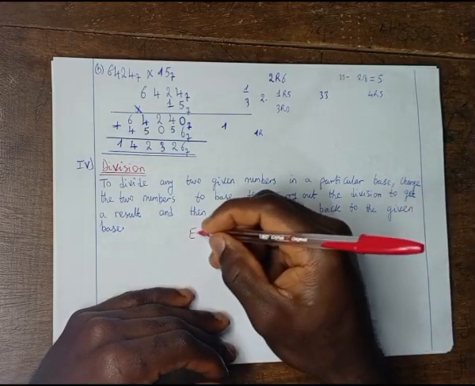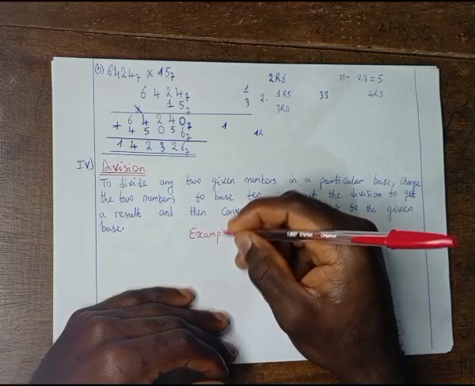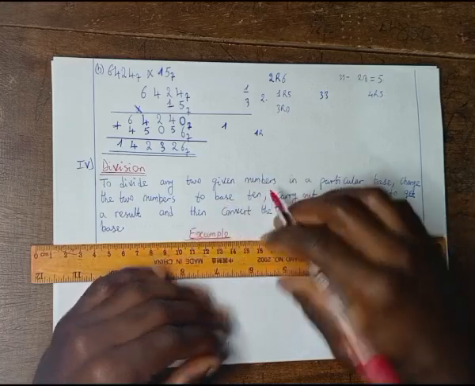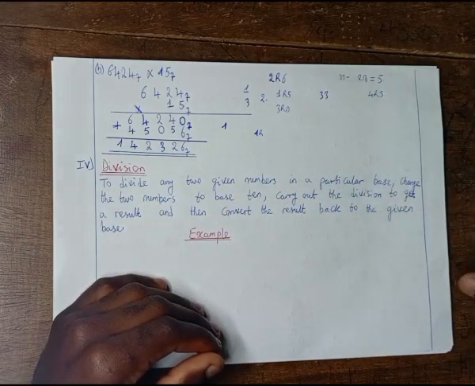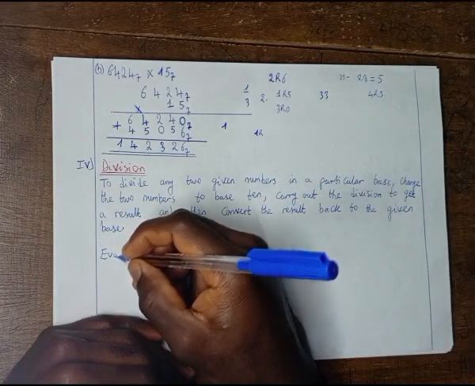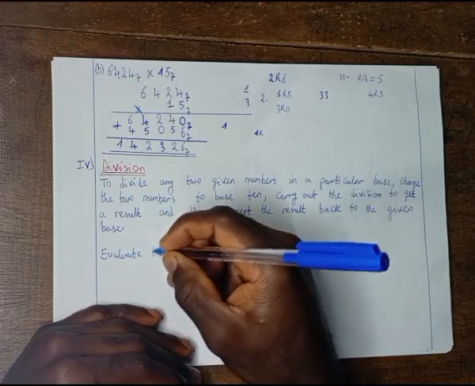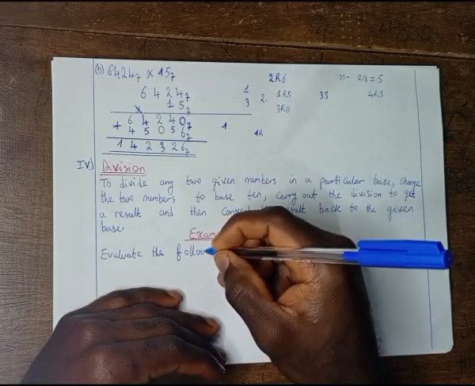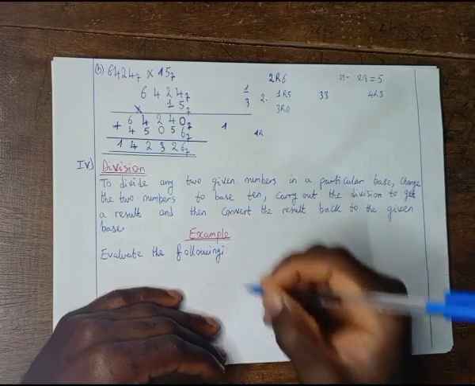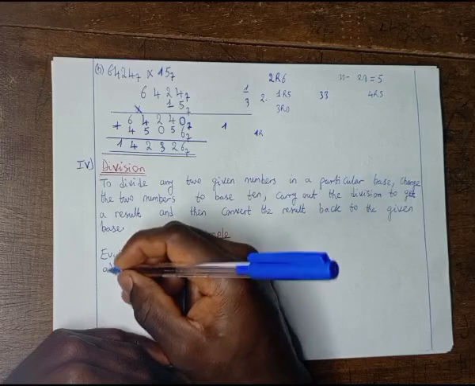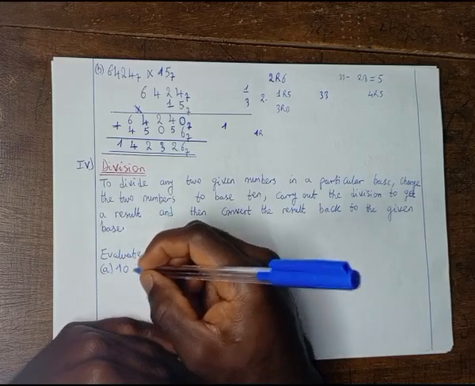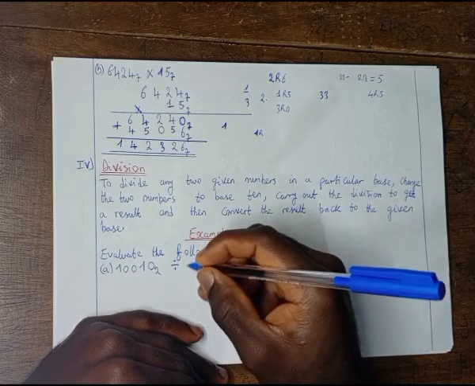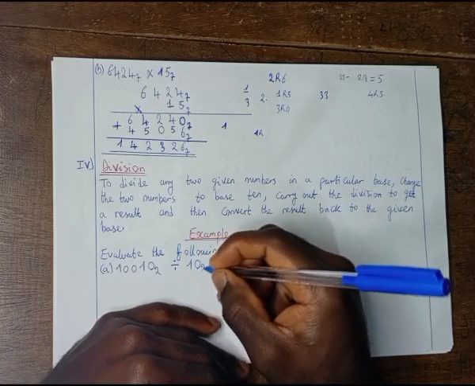Example, evaluate the following. For A, we have 1, 0, 0, 1, 0 in base 2 divided by 1, 0 in base 2.